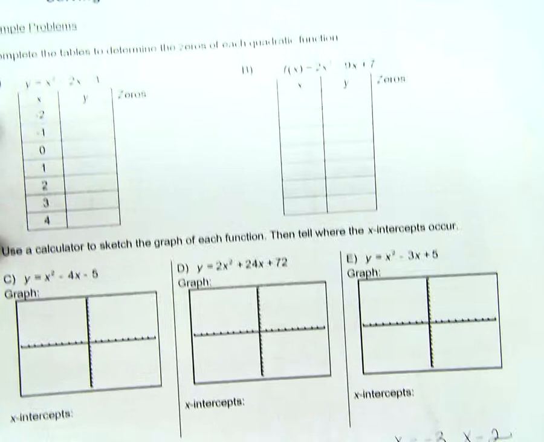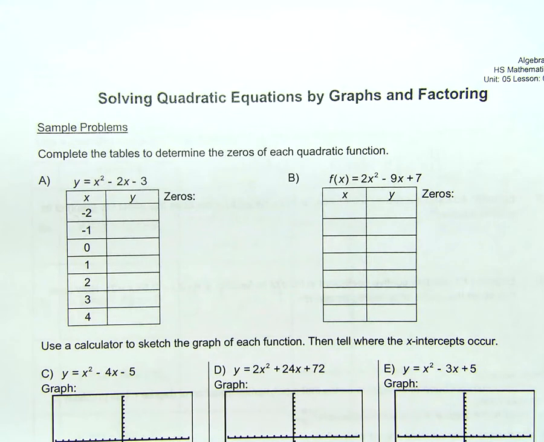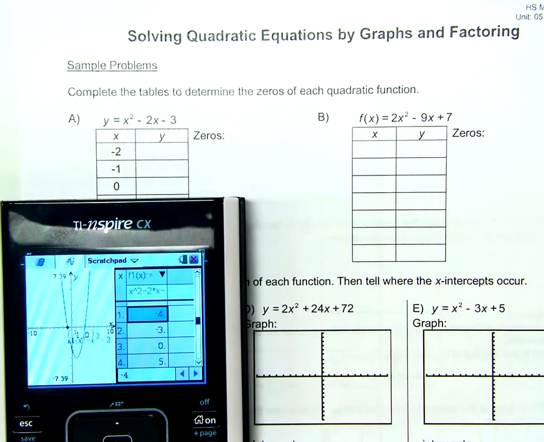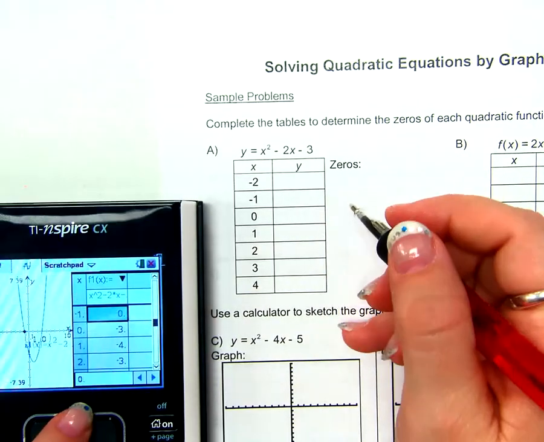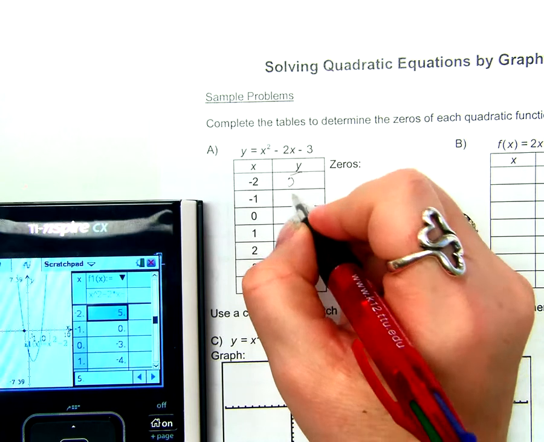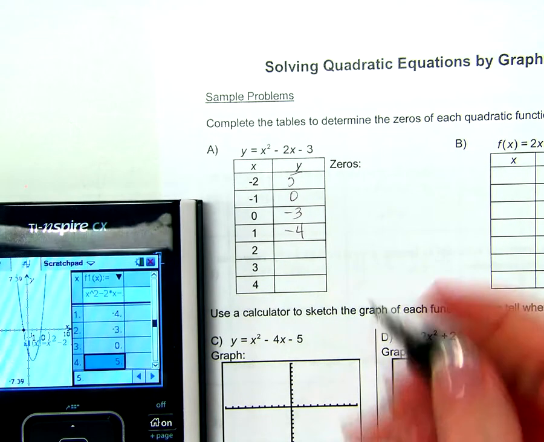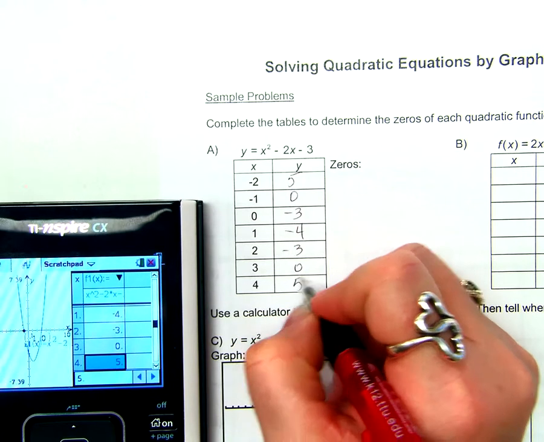Okay. So now go back up here to the table. X squared minus 2x minus 3 gives me a table that looks like this. So I need to transfer this table information onto my table on my paper. 5, 0, -3, -4, -3, 0, 5.